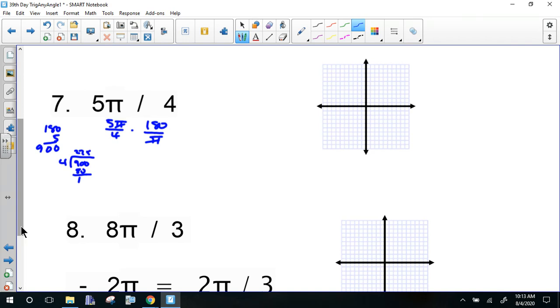So if I draw a 225-degree angle, here's 180, go another 45. So that's 5 pi over 4. How close is the nearest x-axis? Well, I've got to go back to the x-axis here to pi. So how far is that? Well, it's going to be pi over 4.